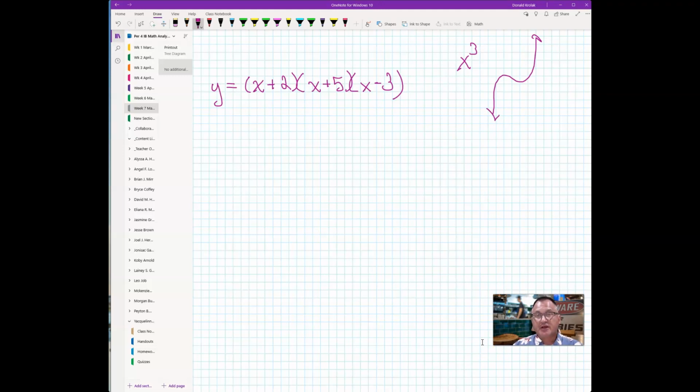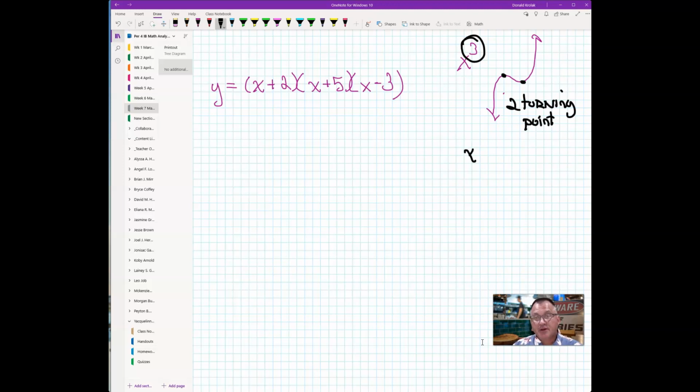These curves right here, see there are 2 curves in this. This is called a turning point right here, and that's called a turning point. So this has 2 turning points, and the number of turning points is always 1 less than the exponent. That's how I know there's 2.